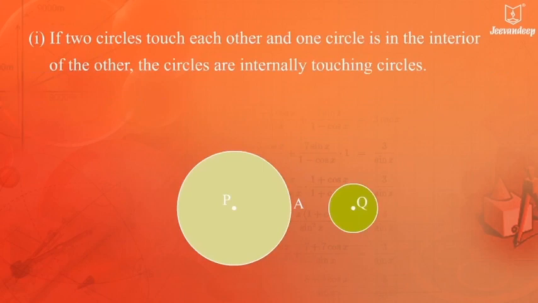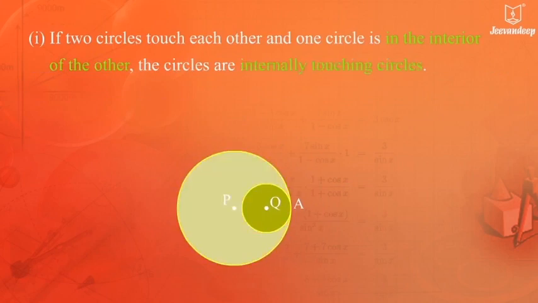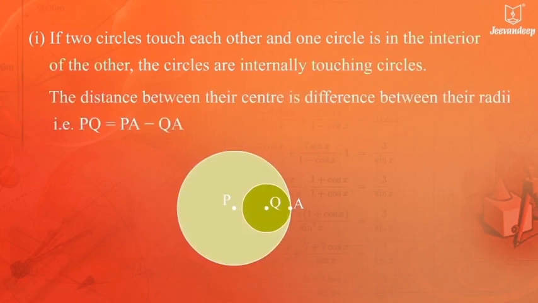If two circles touch each other and one circle is in the interior of the other, the circles are internally touching circles. The distance between their centers is the difference between their radii, that is, PQ is equal to PA minus QA.